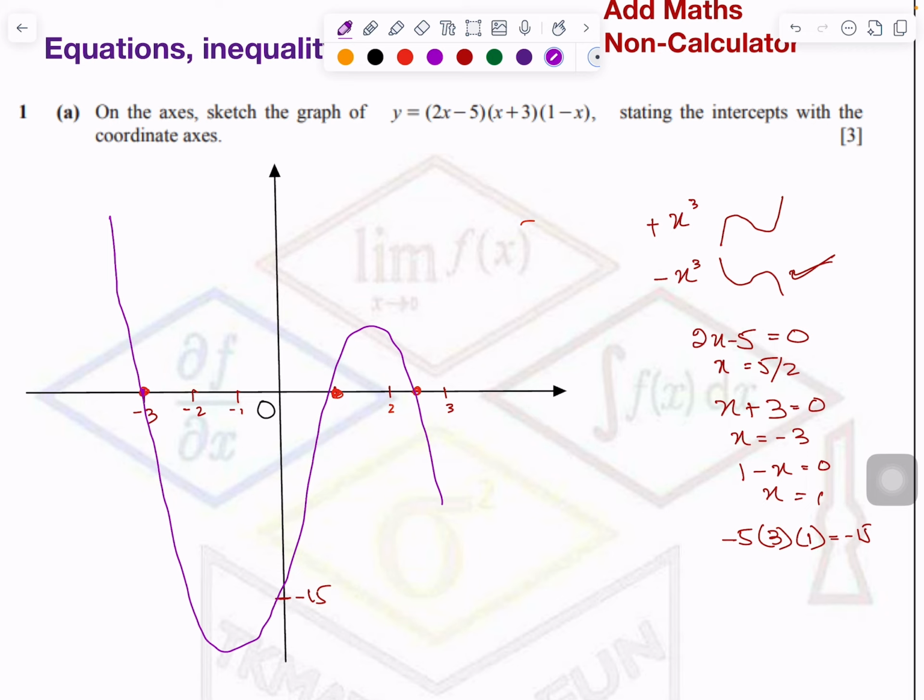Number 1, shape. Number 2, the roots which are on the x-axis. And number 3 is the intercept on the y-axis. If you keep it a little high or a little low, it will not make a difference in getting the marks. So this is the shape of the curve.